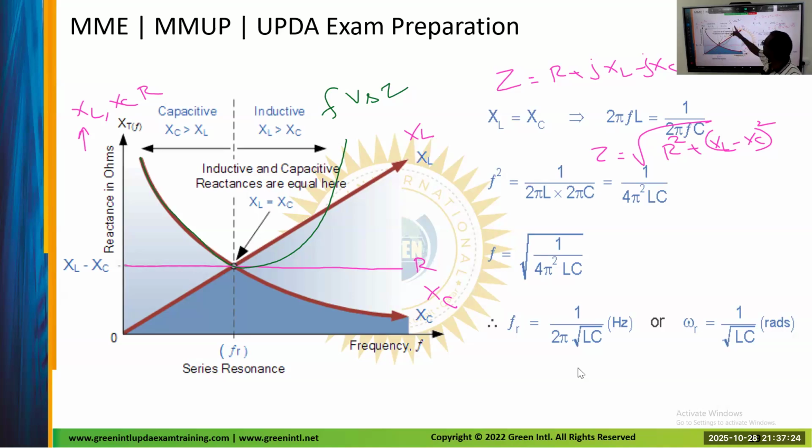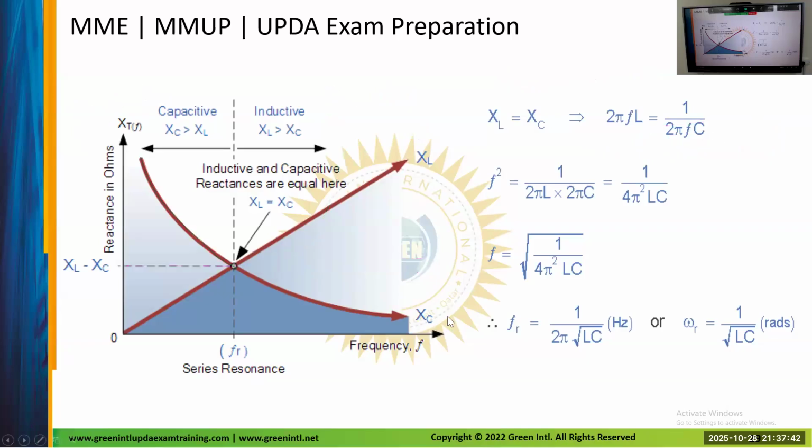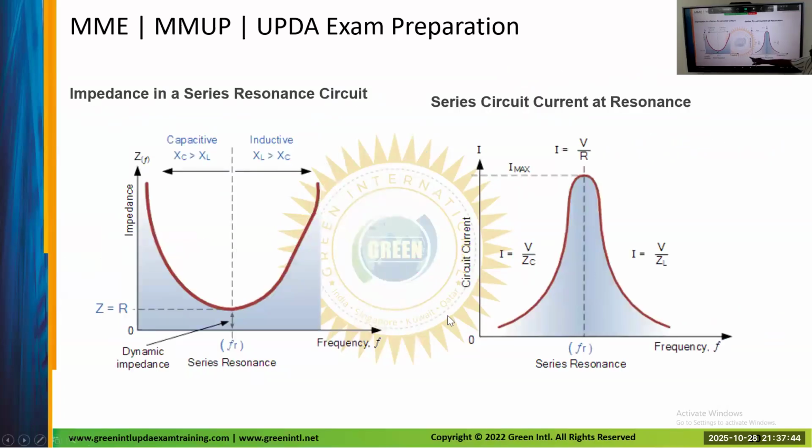At resonant frequency, Z is equal to R. And as frequency increases further, impedance increases again. Simply, frequency versus impedance is a U shape.